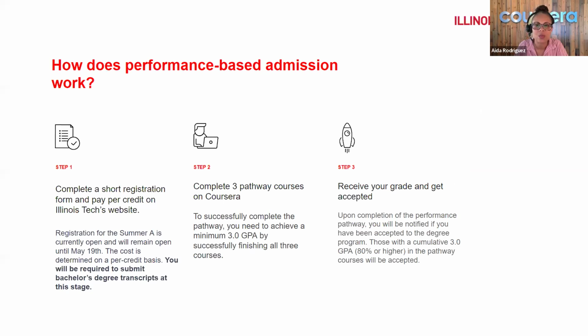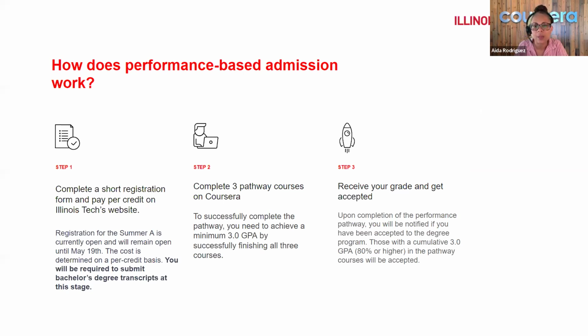Perfect. So the process is very simple. In order to get started, once you have your transcripts for your undergrad degree, you will complete a short registration form on Illinois Tech's site. It's officially called the Illinois Tech Registration Portal. It takes less than 10 minutes to complete this form.